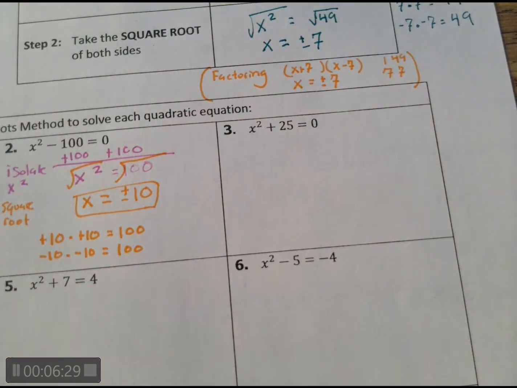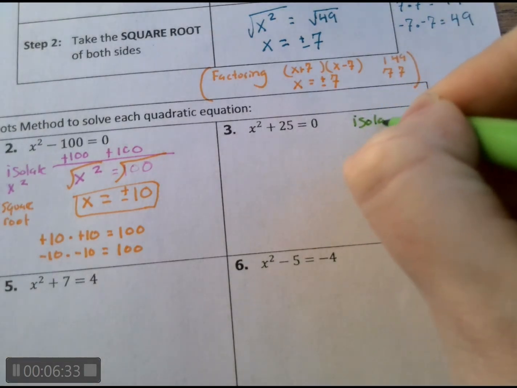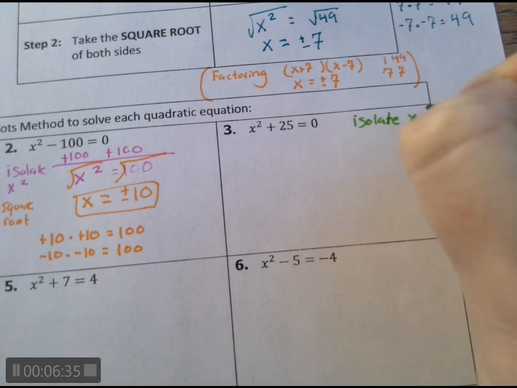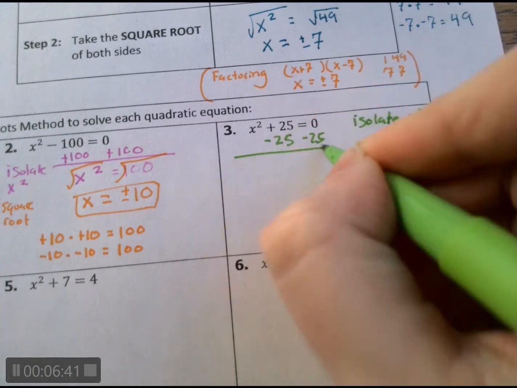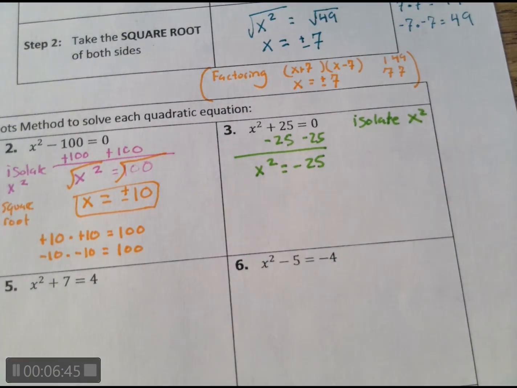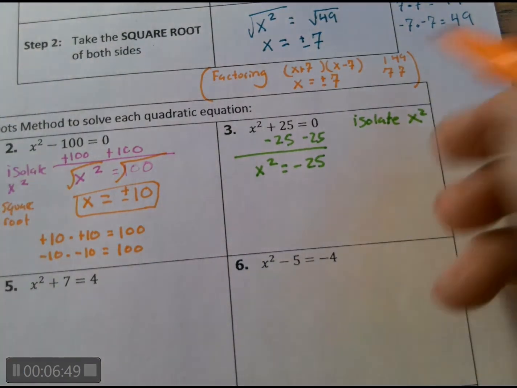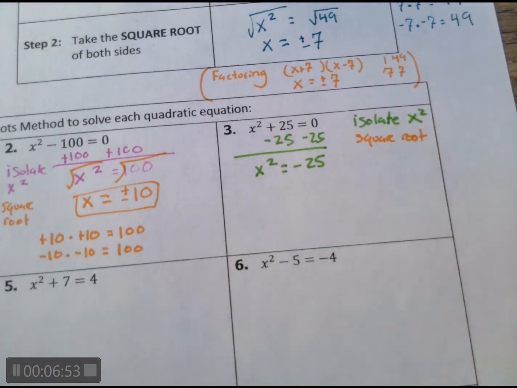Alrighty, next one. So, isolate x squared. Okay, so we got to subtract the 25. So we get x squared equals negative 25. Then we are going to take the square root of both sides.